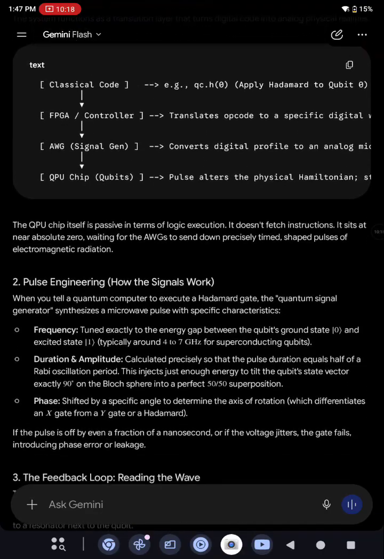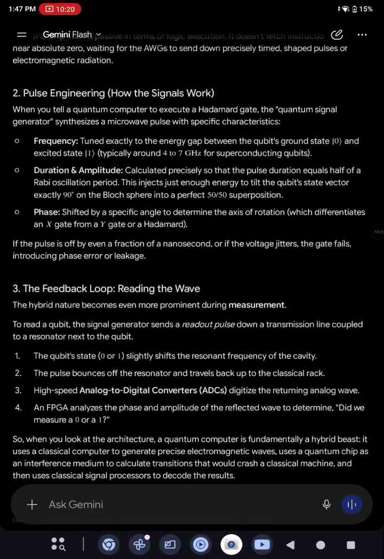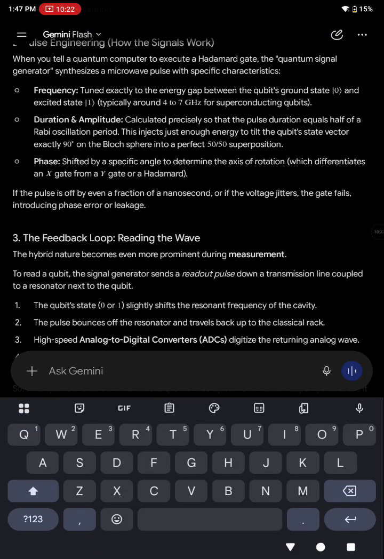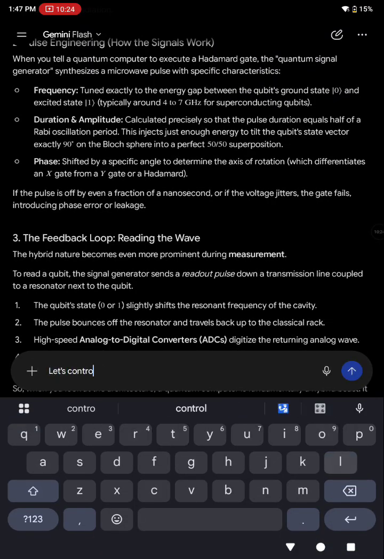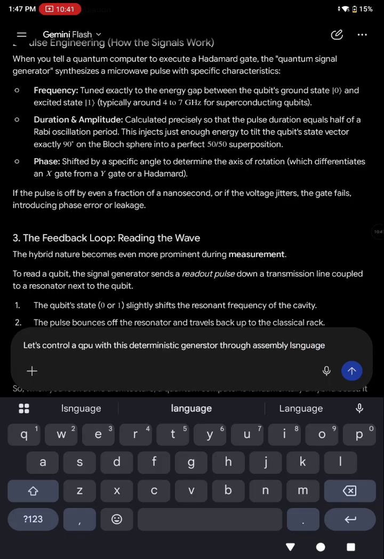Okay, so let's control a QPU with this deterministic generator through assembly language.